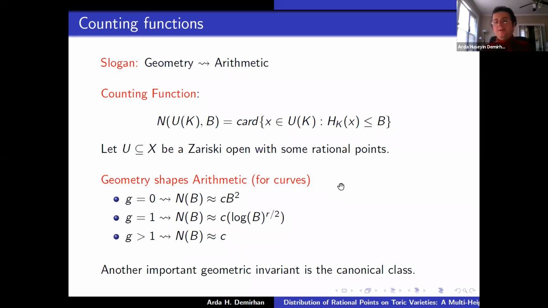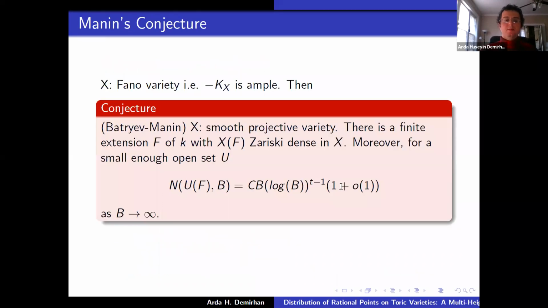But maybe, since we are doing Zoom on rational points, probably the most important thing is that by using it, we can state one of the most famous conjectures in arithmetic geometry, which is Manin's conjecture. So let's say we have a Fano variety. It means that the anti-canonical class is ample, almost like very ample.